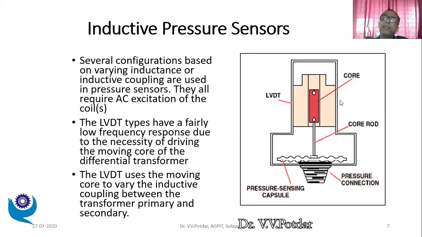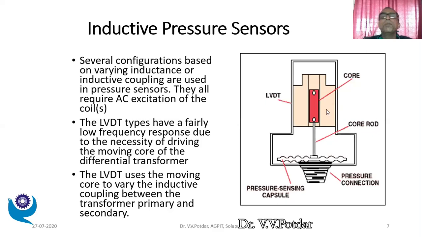So at higher frequencies, this LVDT tends to give me little inaccurate or slower results. So LVDT types have a fairly low frequency response due to the necessity of driving the moving core of the differential transformer. The LVDT uses the moving core to vary the inductive coupling between the transformer primary and secondary.